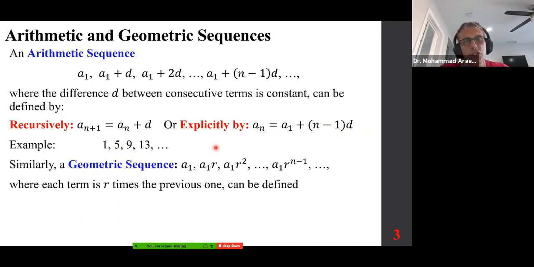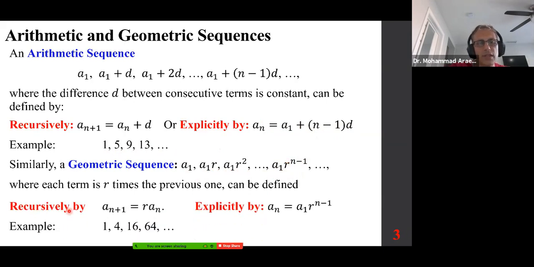In the case of a geometric sequence, we are multiplying by a ratio, which we call r. So a sub 1, a sub 1 r, a sub 1 r squared, and the general term a sub 1 r to the power of n minus 1. Recursively, the next one is the previous one times r.